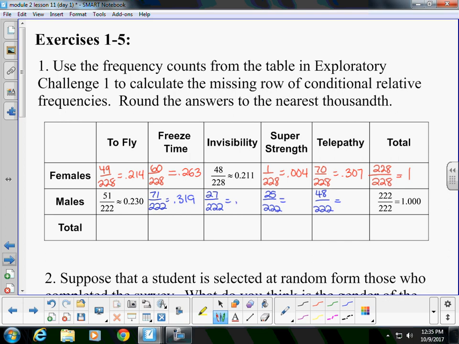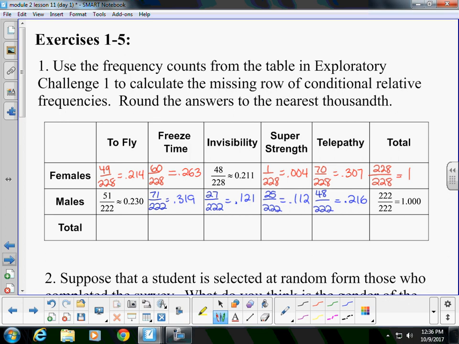This one's coming out to 0.121, so roughly 12%. And this one's 0.112, so just about 11%. And 0.216, so that one's going to be basically 22%.